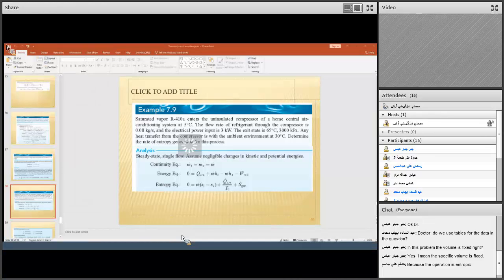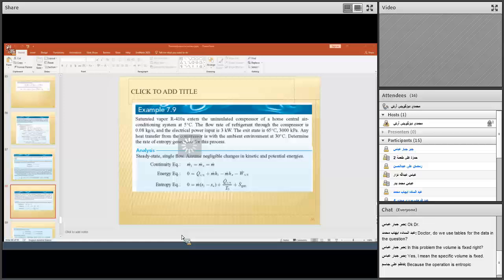The first law of thermodynamics means rate of heat transfer plus mass flow rate times enthalpy at inlet minus mass flow rate times enthalpy at exit minus rate of work of the control volume.